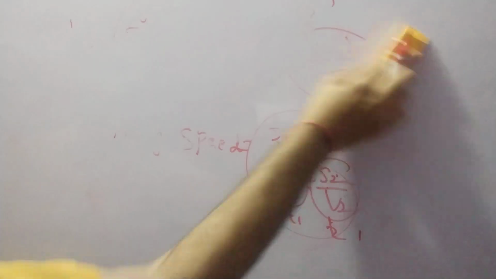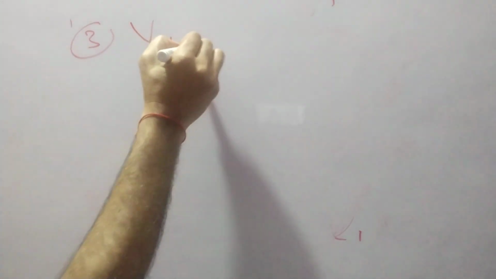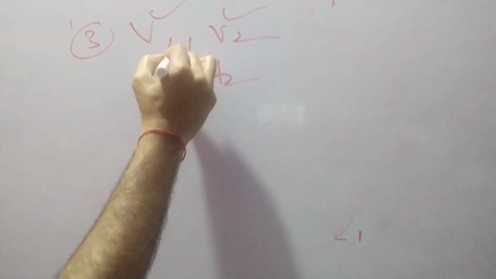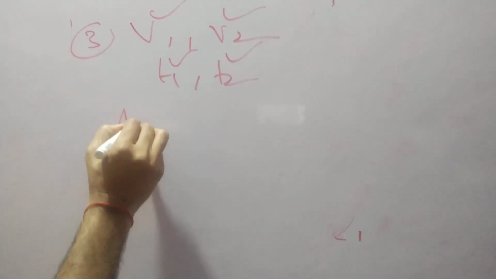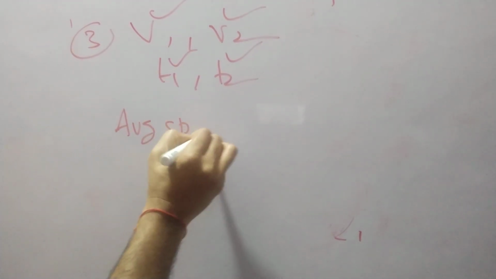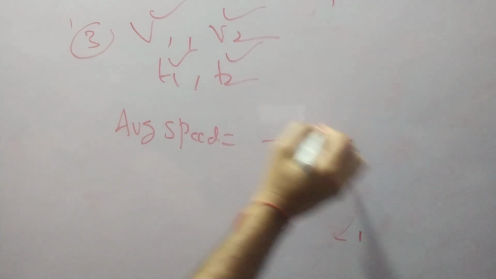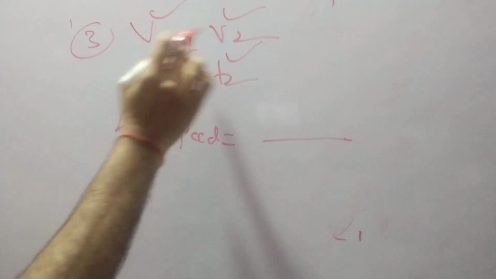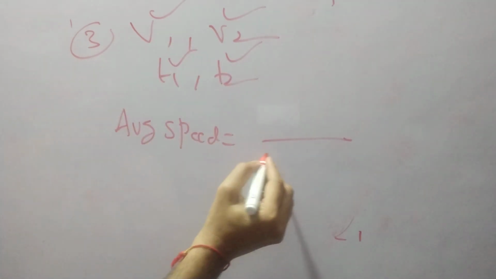And the third form is when the particle travels at speeds v1, v2 in times t1, t2. Speeds are given, times are given. So what is the average speed now? Average speed is total distance by total time, but the distance value is not given. Previously in the two cases we added s1 plus s2; here it is not given, so we have to change.